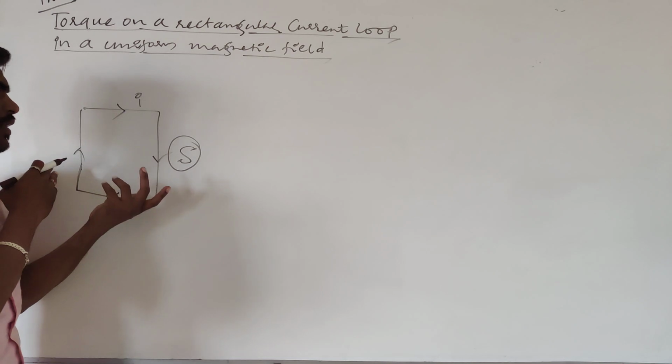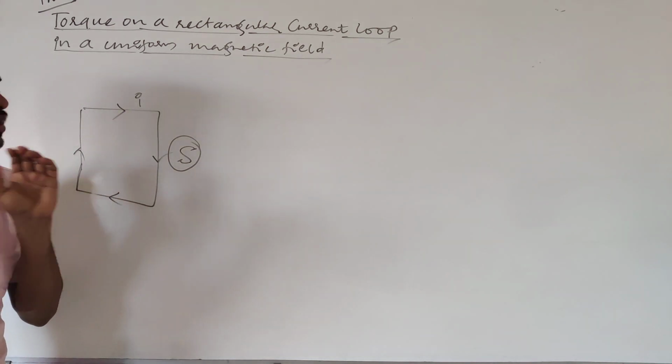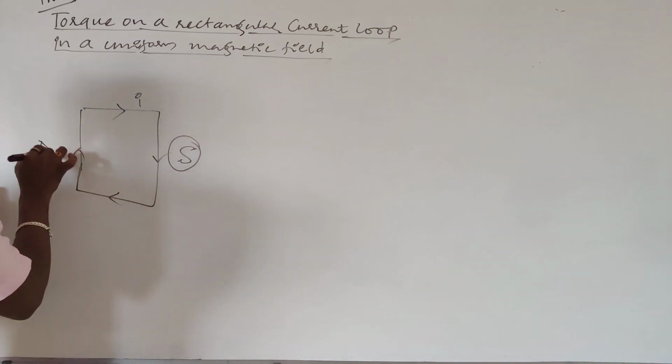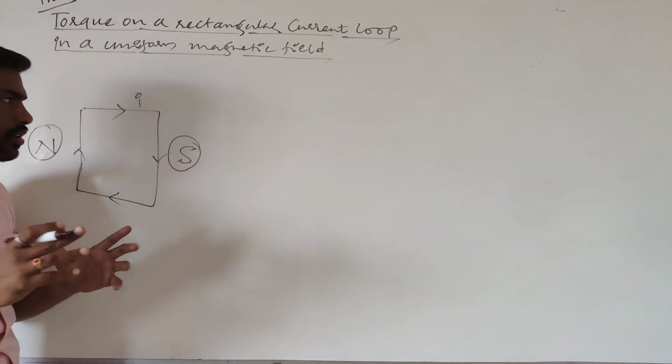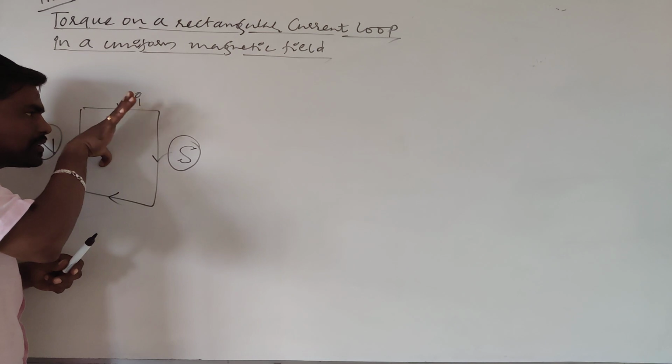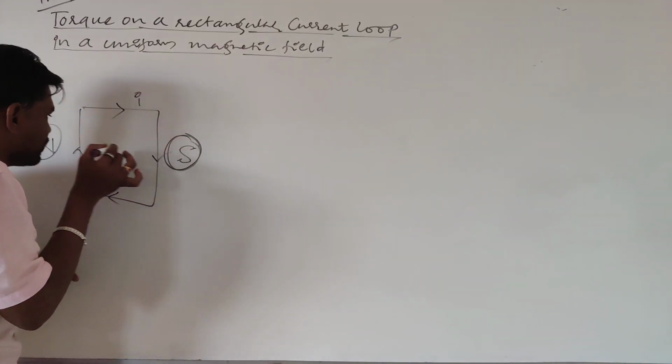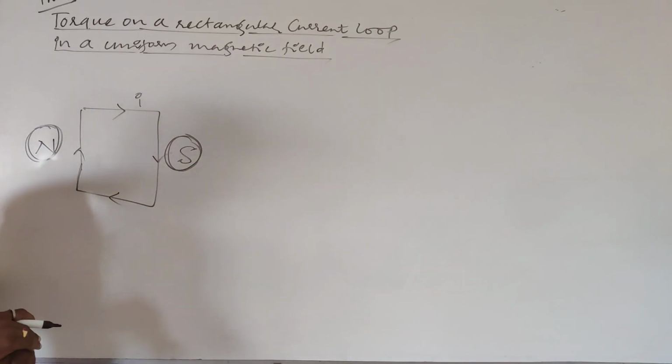Why north and south? Because the magnetic field is there. So this becomes north, and if the current is clockwise, this becomes south and this becomes north.